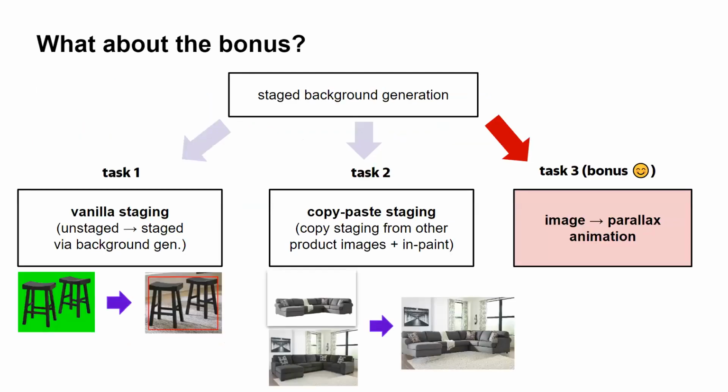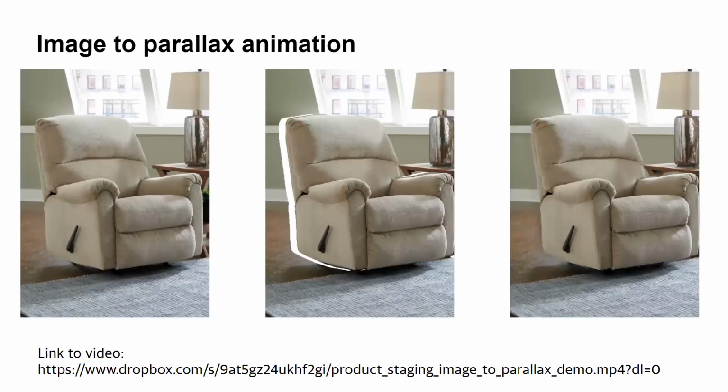I also talked about a bonus task in the initial portion of the talk, and it's now time for that bonus part. The idea here was that because we have a way to in-paint, it leads to a way to generate videos as well. Let me explain it through these images. On the left side, you see the original image with a background which may be staged physically or generated through the approaches I described.